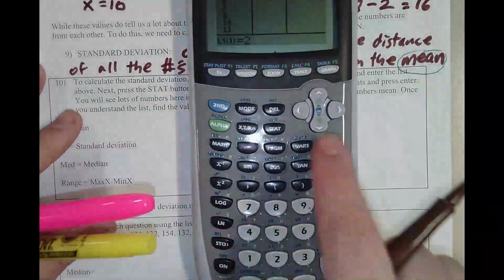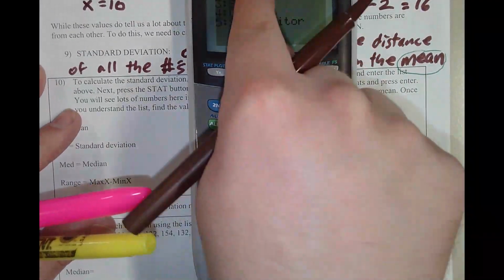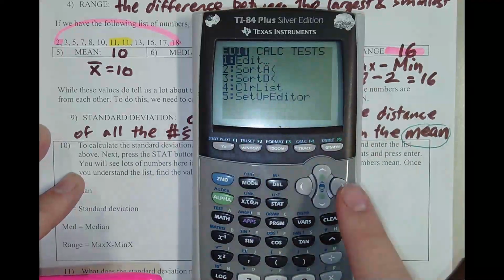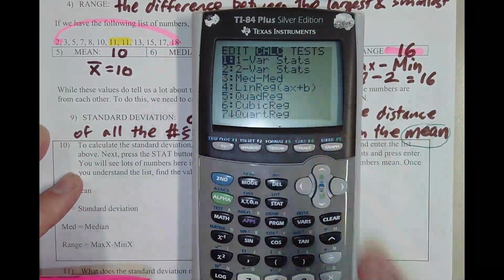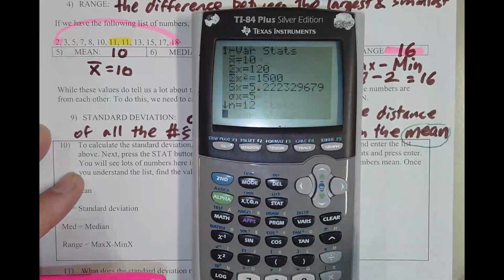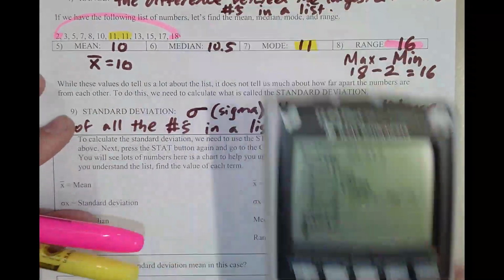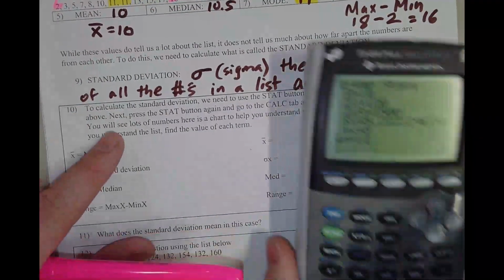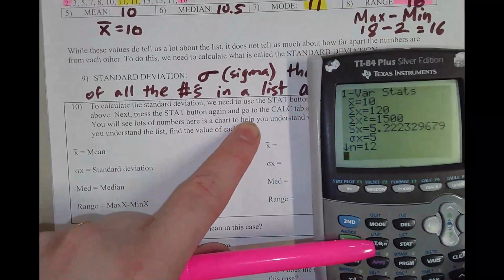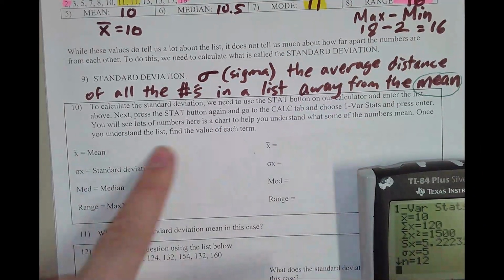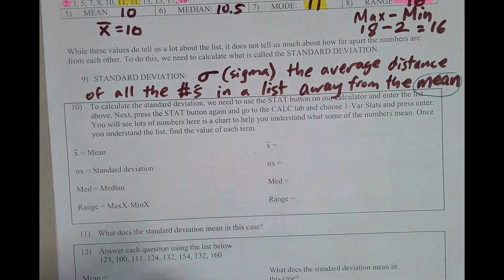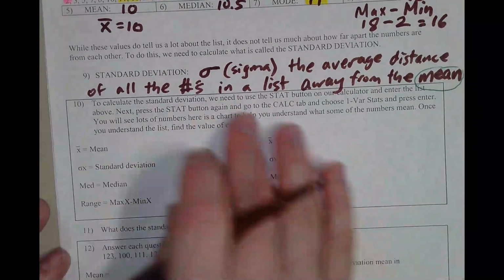So again, we pressed stat, we went to calc, and pressed enter where it says one var stats, and this list shows up. It says you will see a lot of numbers here. It's a chart to help you understand what some of the numbers mean. Once you understand the list, find the value of each term. So this chart is what we're actually talking about.